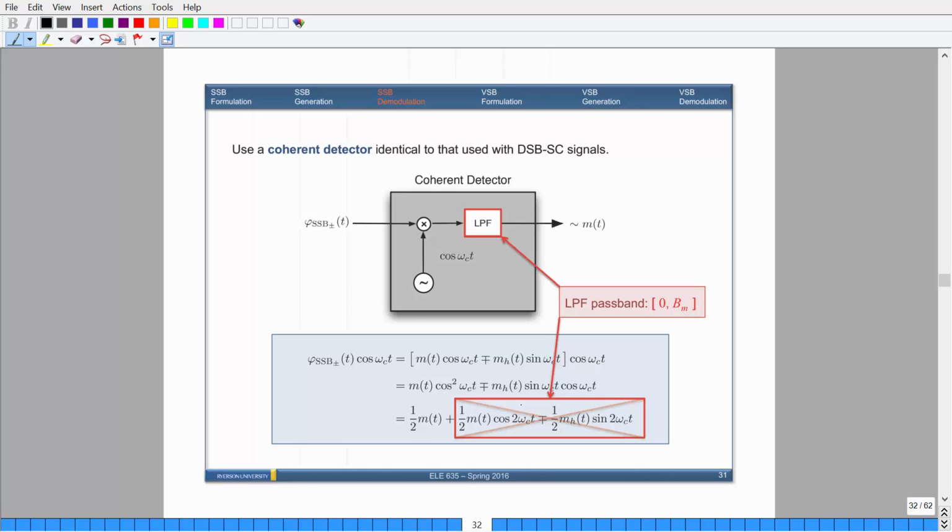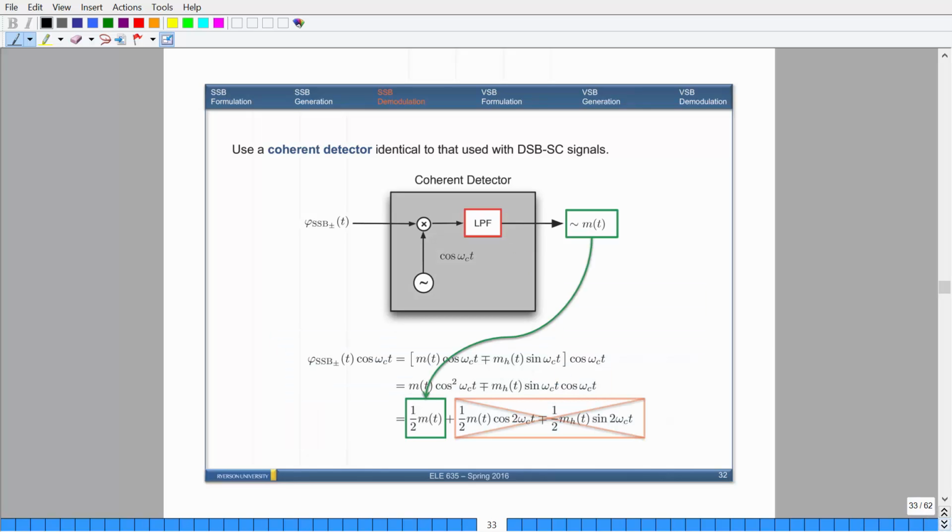Remember, this is modulation, so you have plus minus 2 omega c for either one, and when you apply the low-pass filter, those go away and you're just left with that. The reason this is approximate is because there's a scale factor. If you want to get rid of this half, just have some sort of gain stage that'll multiply every single point by 2.